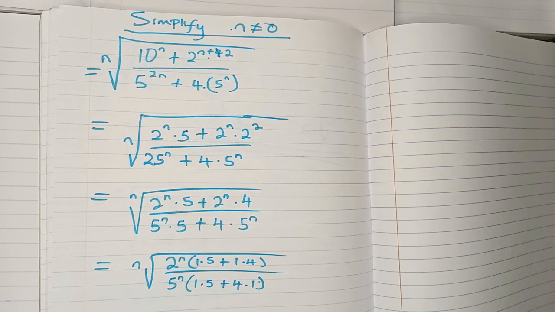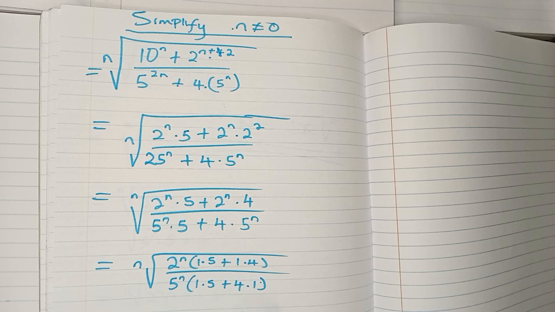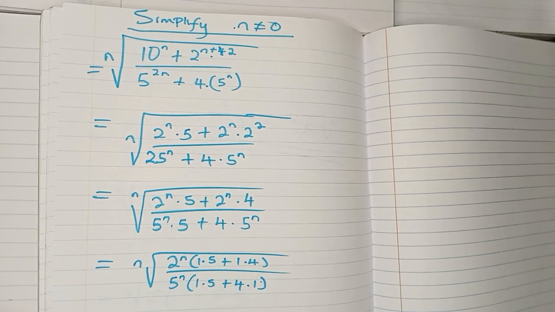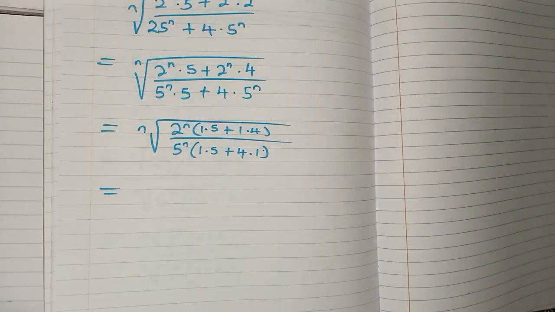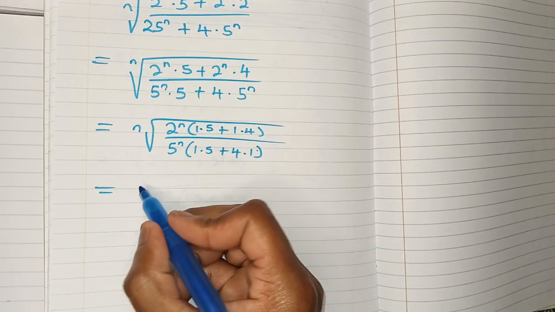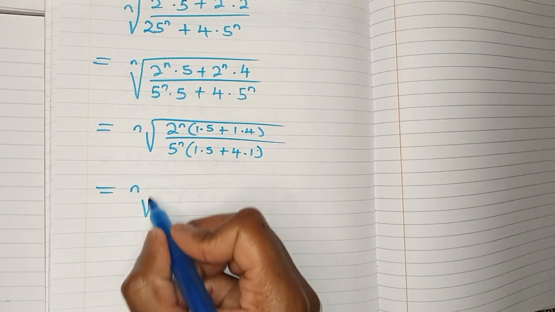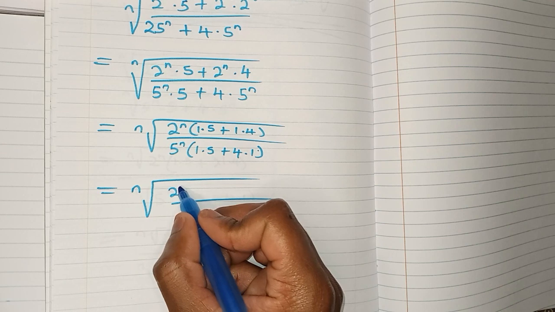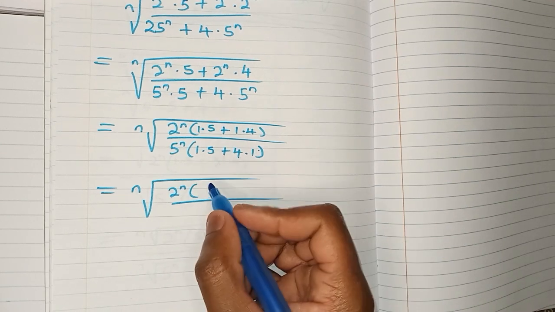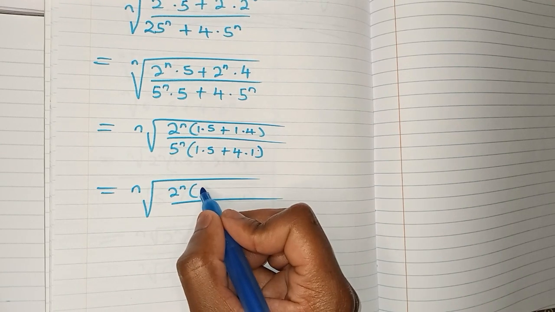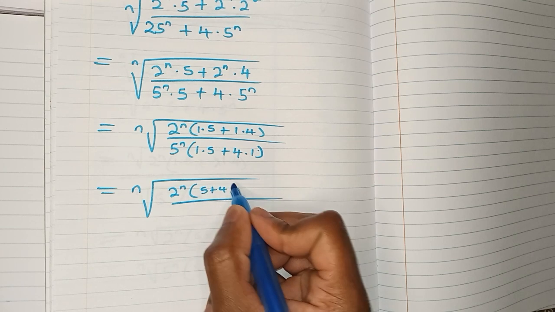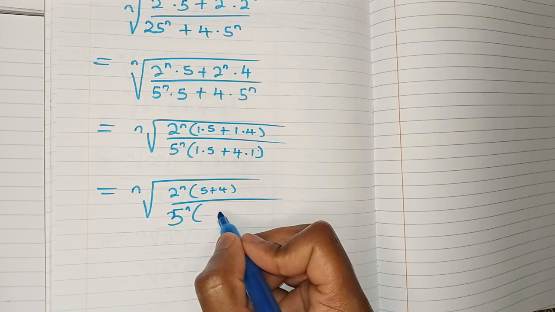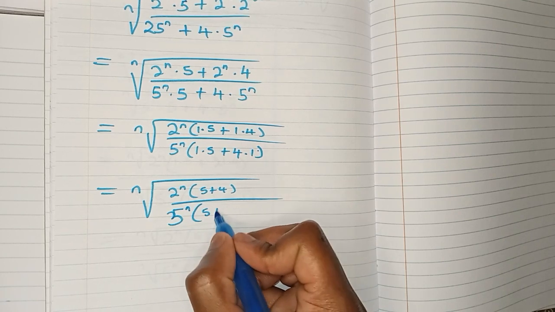And now this is the same thing. This can also be written as, okay, let me go up a bit so you can see. This is the same as saying the nth root of 2 to the power n and then saying 5 plus 4, and also saying, oh, this was 5 to the power n times 5 plus 4.